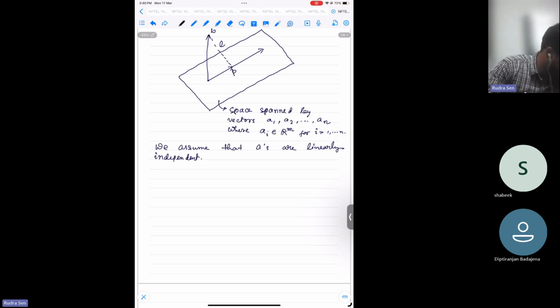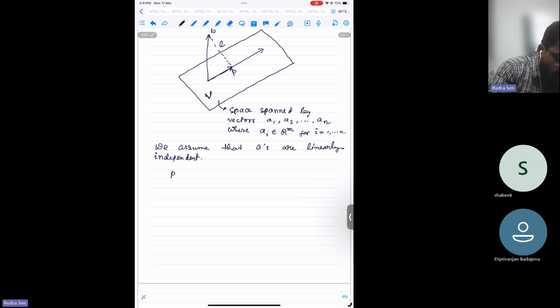So what would be the small p? Obviously this is the small p that I'm talking about, and this lies on this space. Let's call this space V.